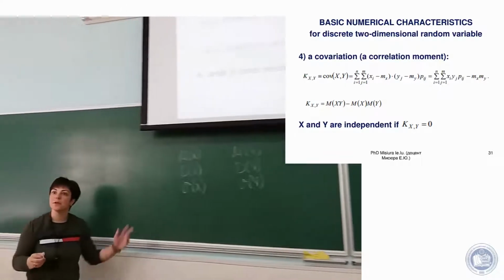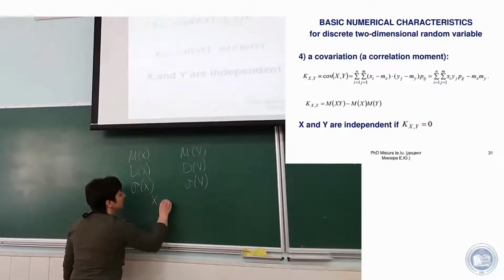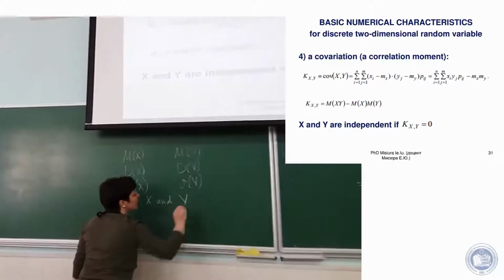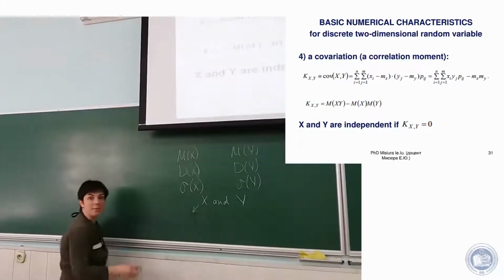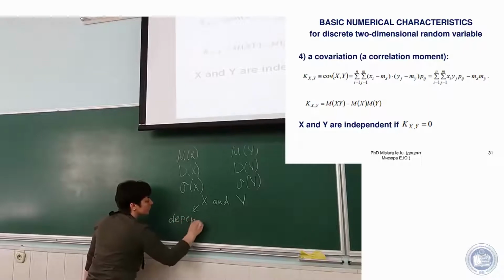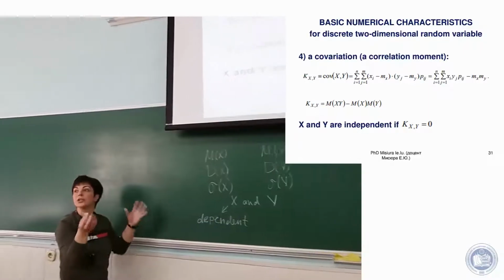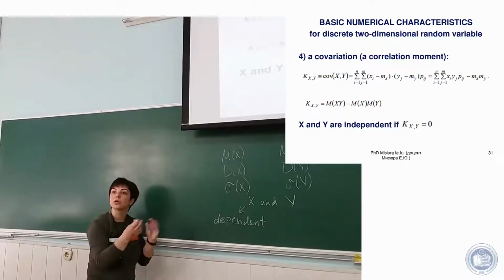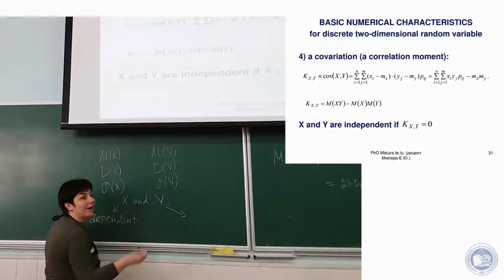If we have x and y, we have two possible variants. For example, x and y may be dependent, it means we have a relationship between x and y, or x and y are independent.